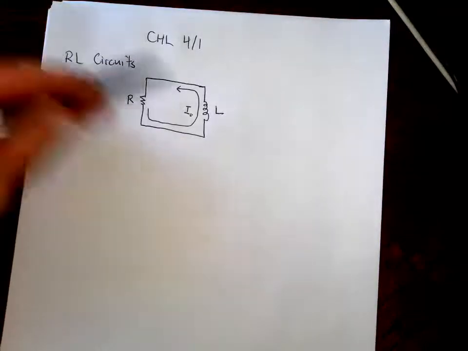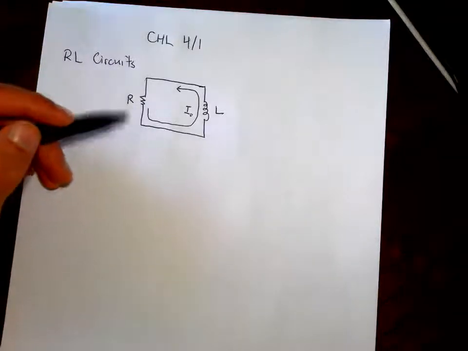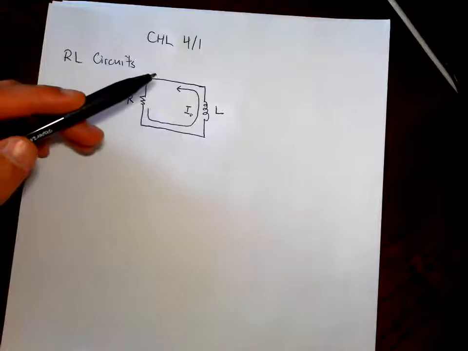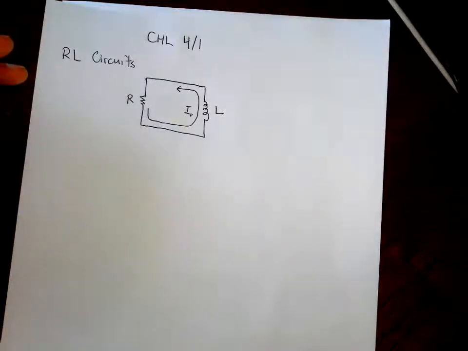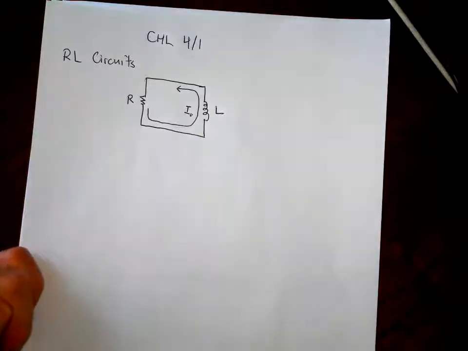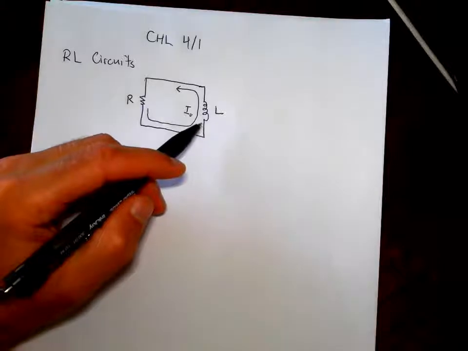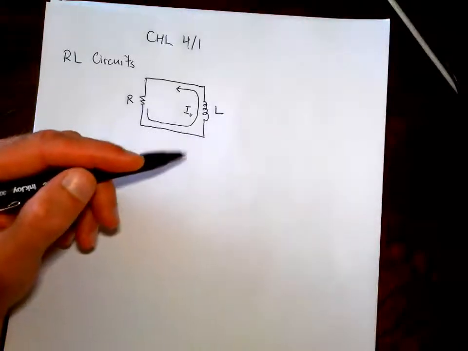So how does it have that current? Maybe there was a battery in the circuit, and then the battery was switched off or something like that. Okay, so it got the current started. Now, like I said the other day, inductors don't like change in current.